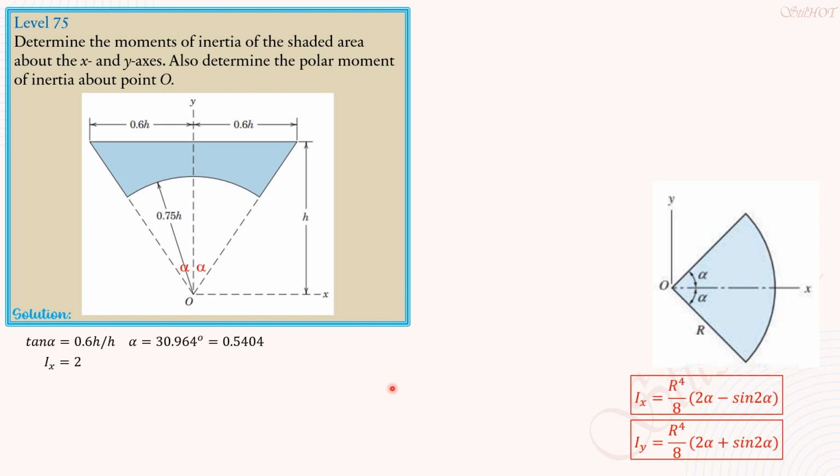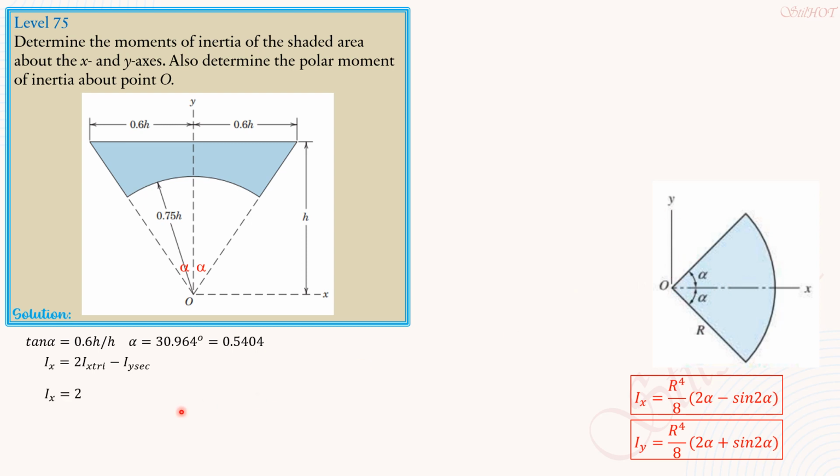So Ix is equal to 2 times Ix of the triangle. For the triangle, the formula for moment of inertia with respect to this axis through the vertex of the triangle, also derived in the previous videos, is base, which is 0.6h, times height cubed over 4. And for Iy of the sector, we use this formula because this x-axis is the y-axis for this orientation.